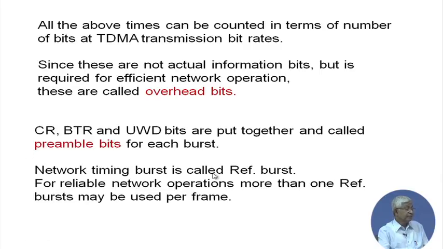Similarly, there is a reference burst which contains similar things. In addition, certain reference network operation information is there. So the total reference burst is not user burst; the user is not exchanging it, that is for network operation, and is also an overhead for the network.